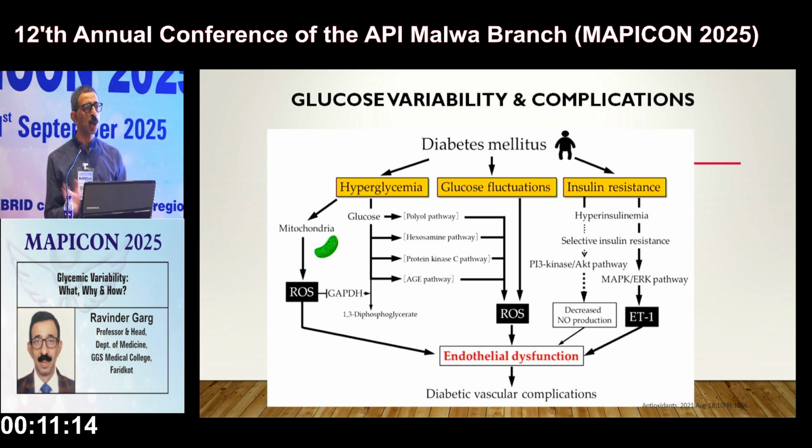There is a lot of discussion on insulin resistance and hyperglycemia. There are so many drugs available. But have we ever thought of glucose fluctuations? See how important glucose fluctuations are. Glucose fluctuation is directly causing endothelial dysfunction, and there is generation of reactive oxygen species. So these free radicals are directly being generated by glucose fluctuations.